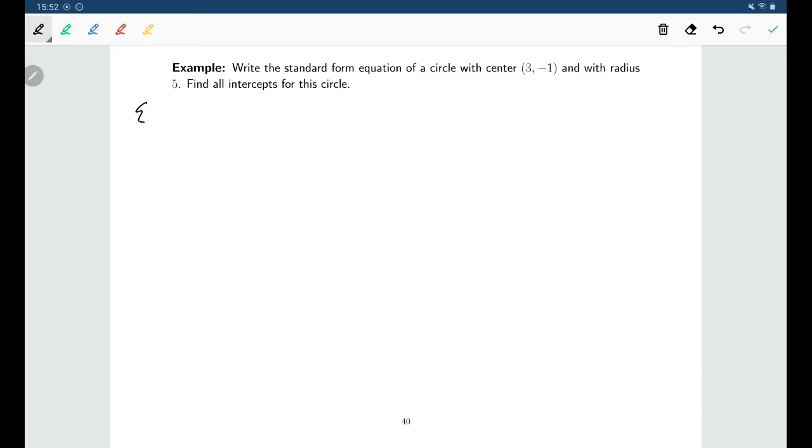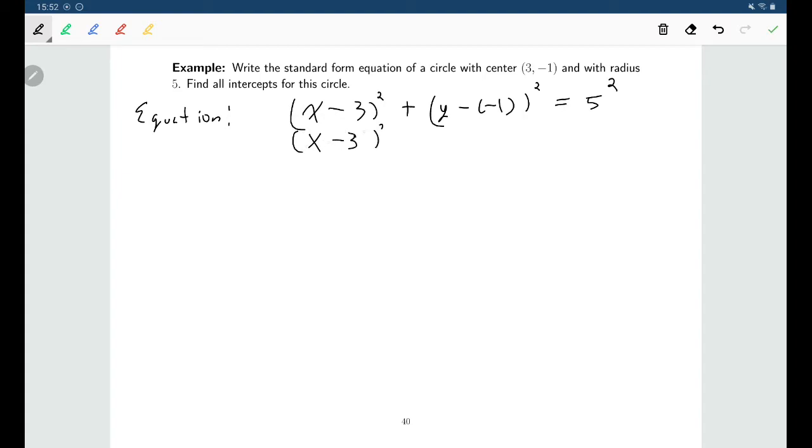Our equation would be x minus the x coordinate of the center squared plus y minus the y coordinate of the center squared equals the radius squared. Or if we simplify it, (x minus 3) squared plus (y plus 1) squared equals 25.